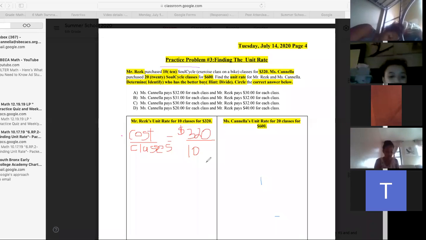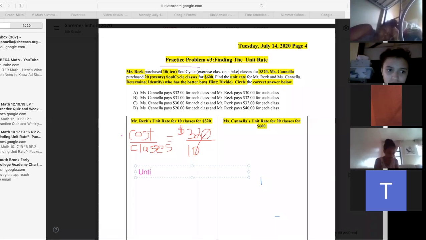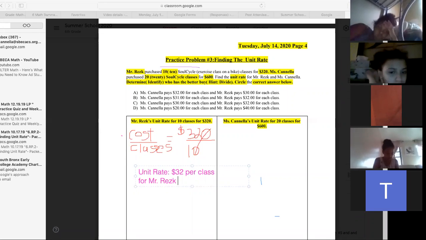Here's a cool trick. You don't need a calculator. I'm going to cross off the zeros. What's 32 divided by 1? 32. Right. So how much is it per class for Mr. Rask? 32. Yep, the unit rate. It's $32 per class. Okay, we're going to do the same thing for me, Eric.